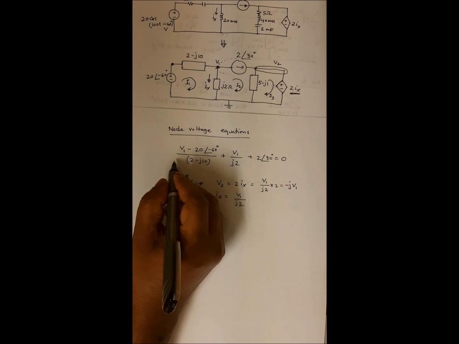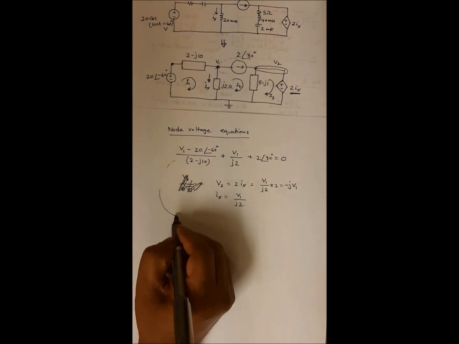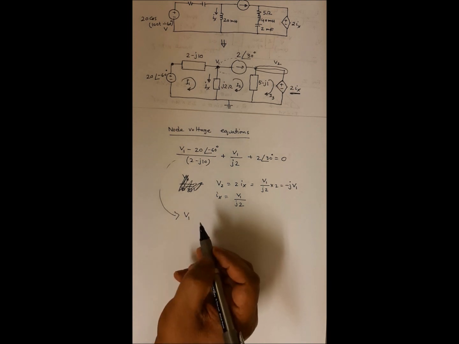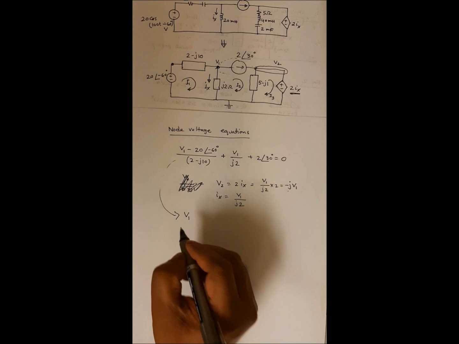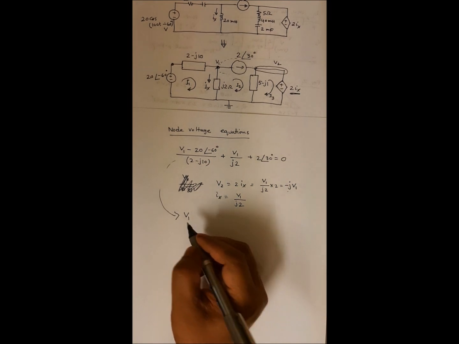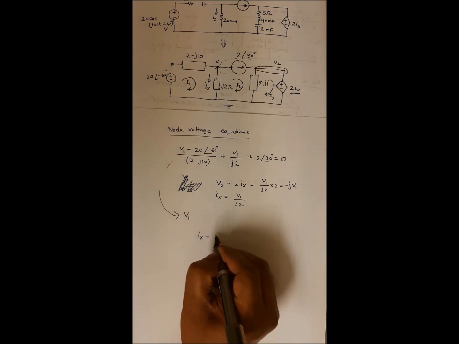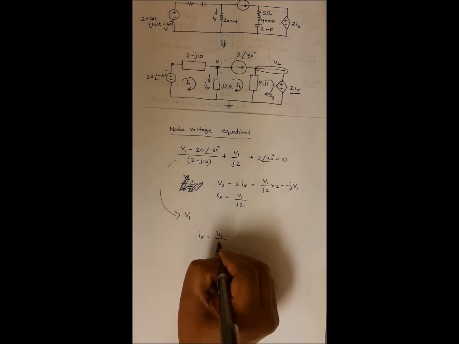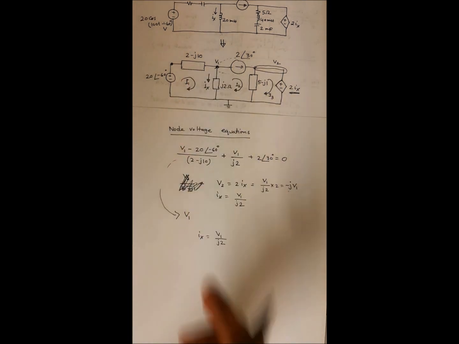So just solve this equation, and if you solve this equation and find V1, then you multiply V1 with negative J, you will get V2. So these are the node voltages. Now if you want to find Ix, it will be V1 over J2. So you can find Ix, the current over here.